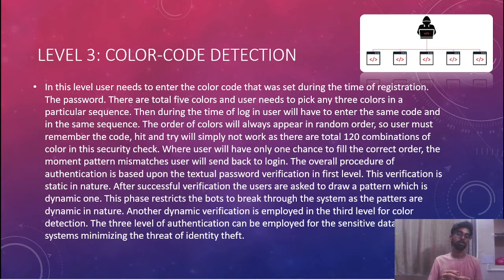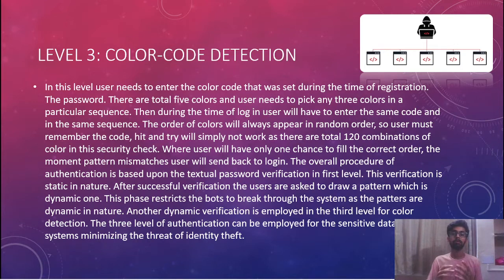Next, this is the color code detection. In this level, the user needs to enter the color code that was set during the time of registration. There are a total of 5 colors, and the user needs to pick any 3 colors in a particular sequence.